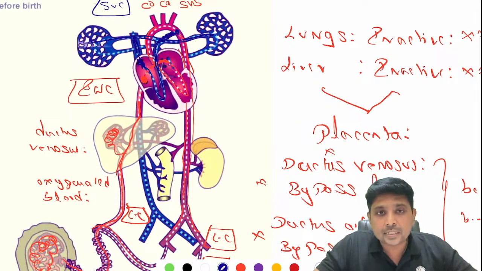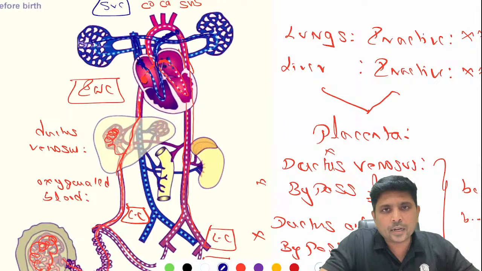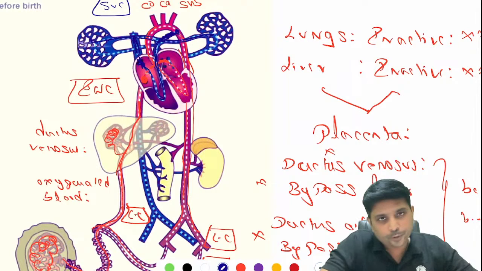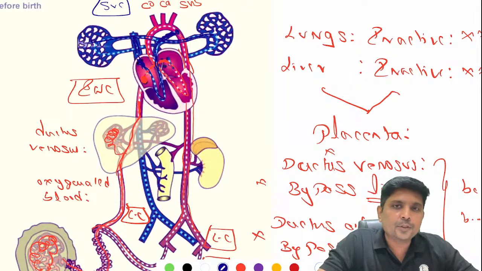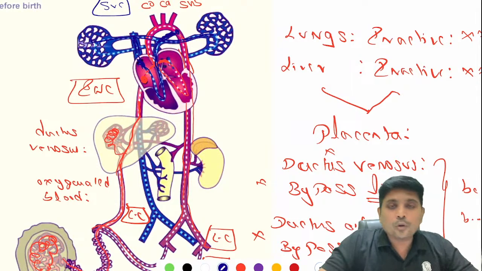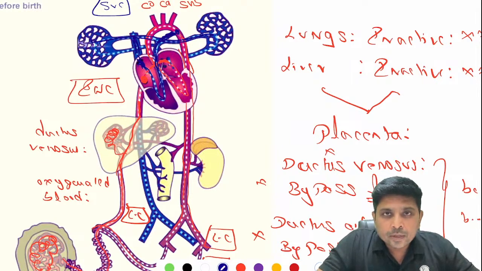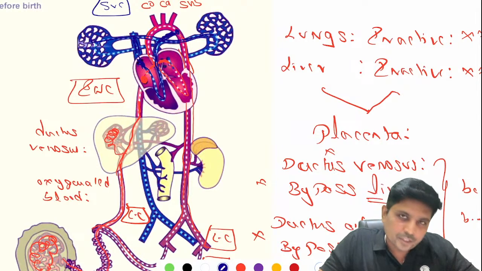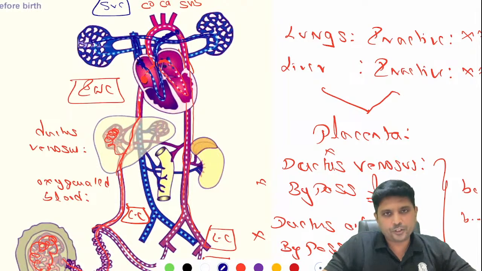I repeat, it reaches the descending aorta, and you all know that the descending aorta contains blood from the arch of aorta as well as blood from the superior vena cava indirectly through the right atrium and right ventricle. So the upper body, head, neck, thorax, heart, and upper limb, predominantly receive oxygenated blood, whereas the lower limb receives deoxygenated blood preferentially.